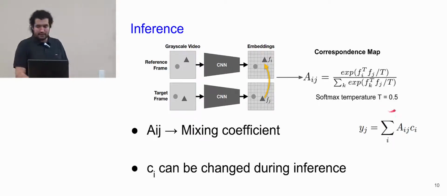At inference, this is the most important property of their method: their prediction model does not depend on the color information. So during inference time, they can change it and apply their model to a different problem, because the network is only responsible for predicting the similarities.